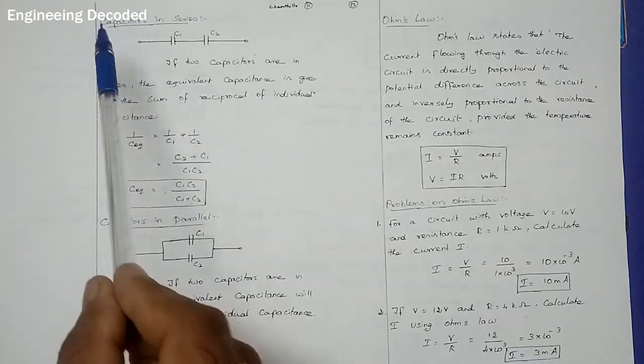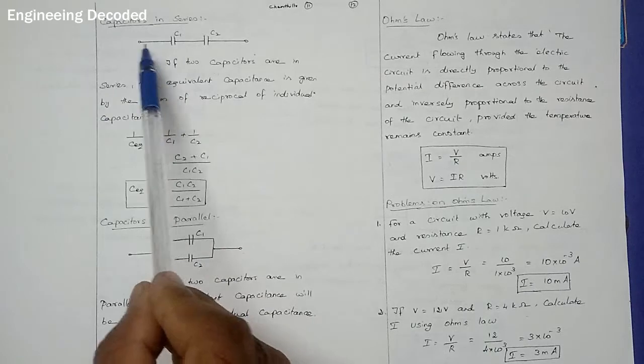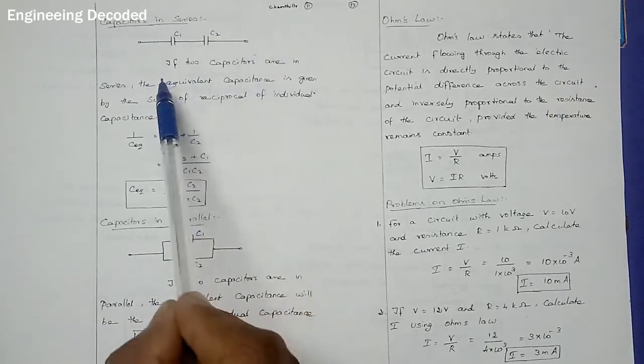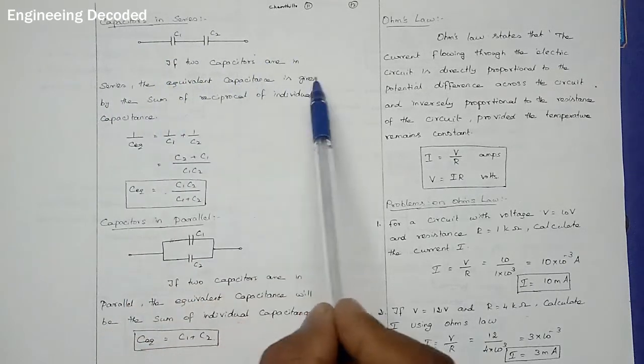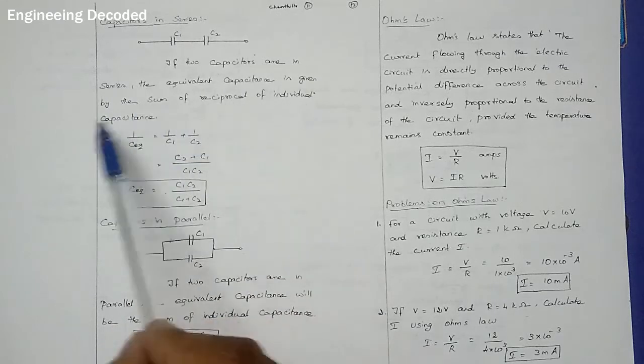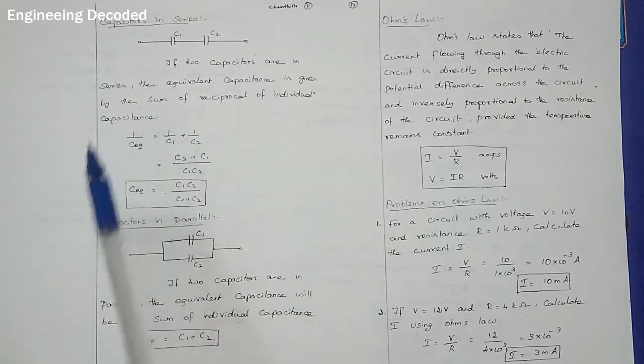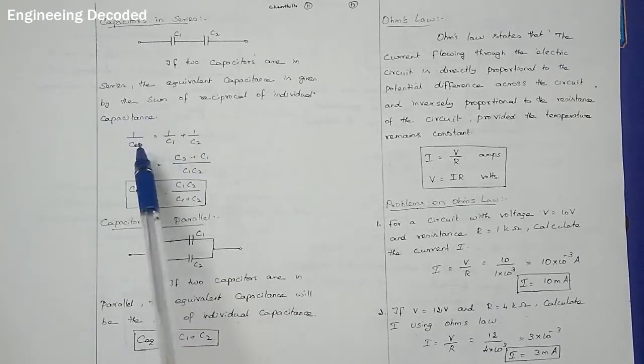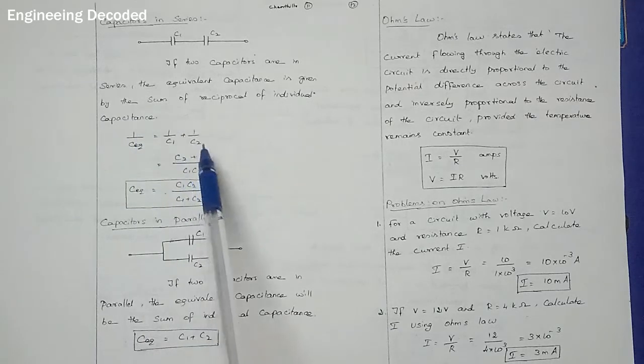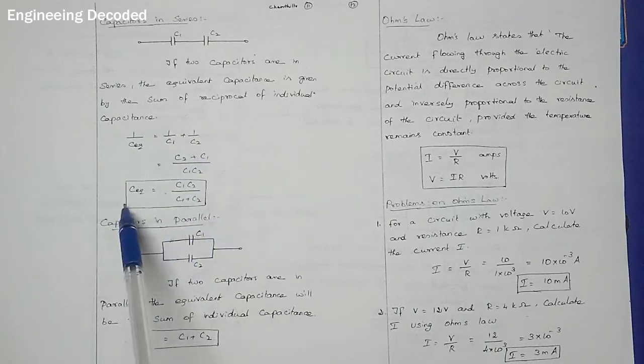Next, we will see capacitors in series. If two capacitors are in series, the equivalent capacitance is given by the sum of the reciprocals of the individual capacitances. So 1 by C equal to 1 by C1 plus 1 by C2. You can take the LCM and find this.